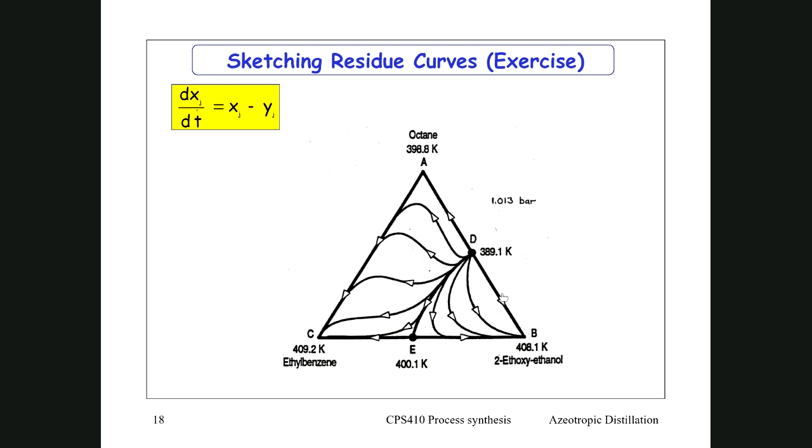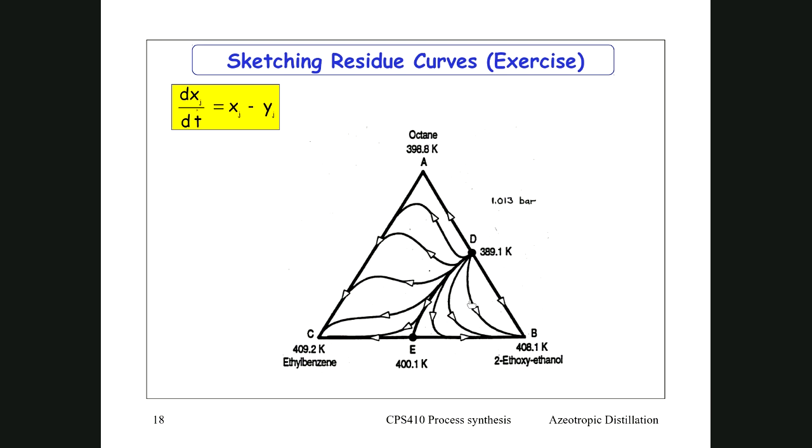And so you can see that the shape of these residue curves in this area DEB looks very similar to a standard residue curve diagram that we've looked at before.